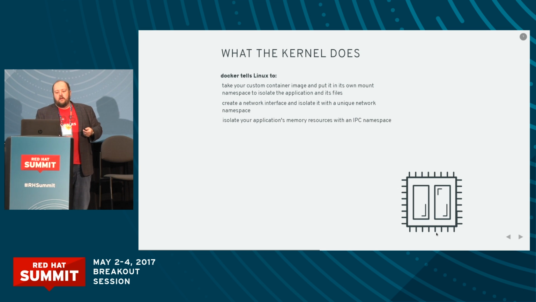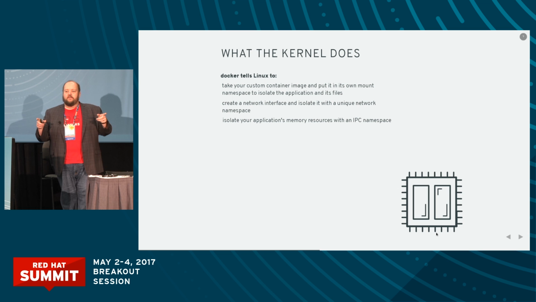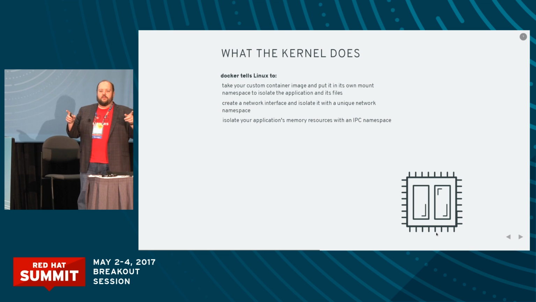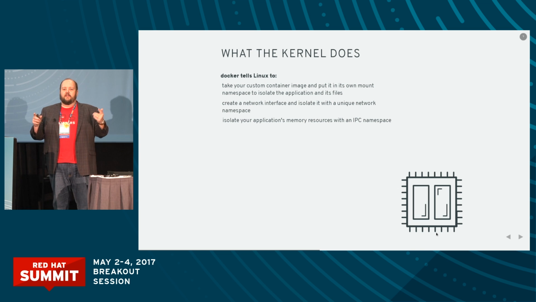And we're going to get a little deeper into what that actually does in just a couple of minutes. Then we isolate the memory resources. Because if I've got 2 copies of a Java app running, and both of them try to create the same named semaphore, or the same shared memory resource, I get a big fat seg fault and my application dies.